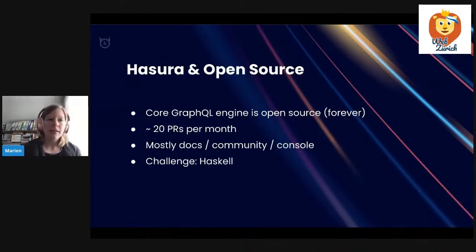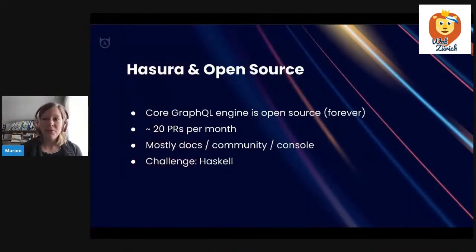For community, if somebody has built something with a new technology that we haven't covered in our sample apps, then sometimes we get pull requests for those. And the Hasura console is in React, because there are a lot of people who know React. Also for the CLI that is in Go, we have quite some contributions. The only challenge is that it's very hard to find contributors for Haskell.